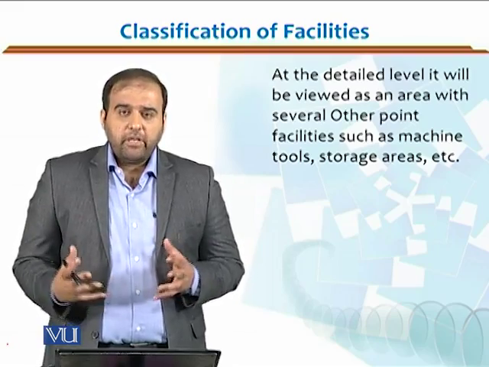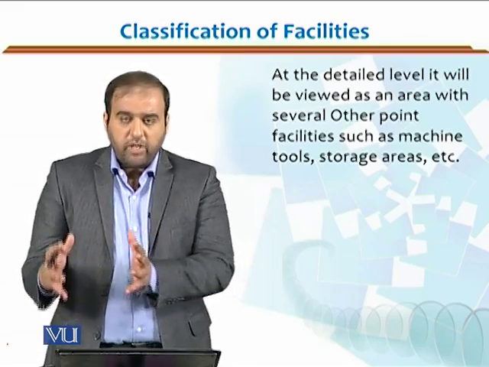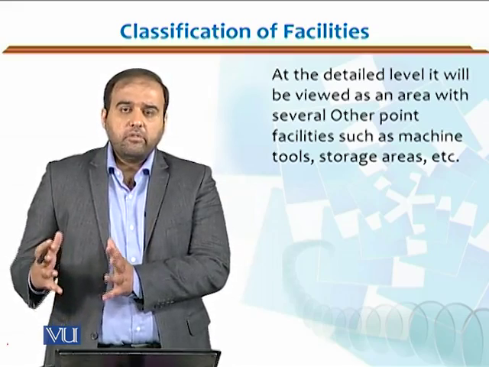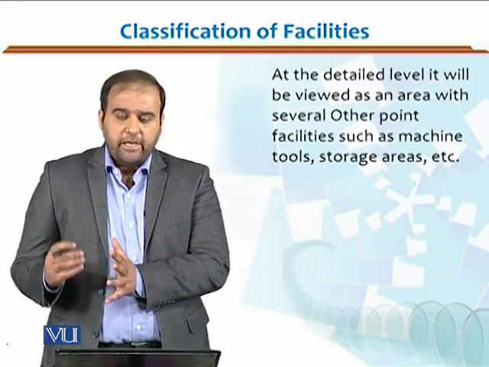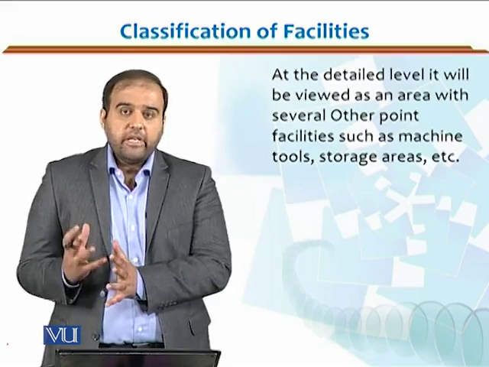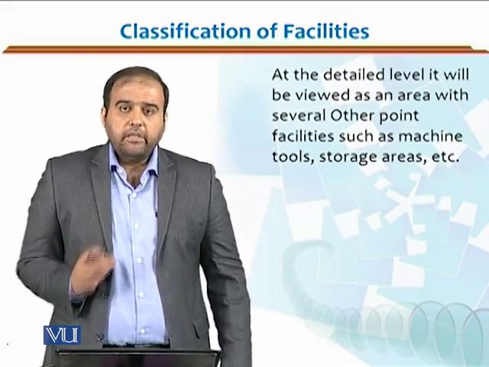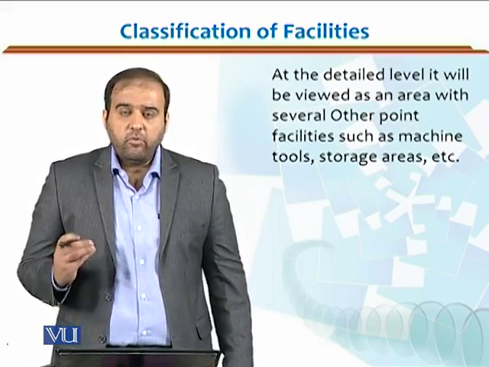But at the detailed level, I would have one part of that total mapping of my overall supply chain. And in that, I would have different areas. Area means the specific detail would be there.